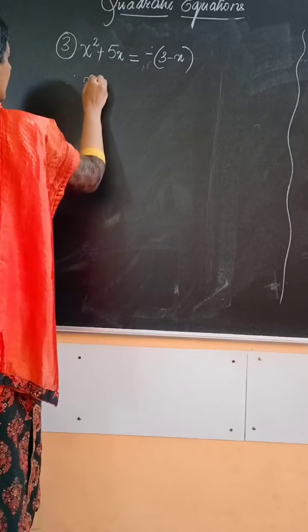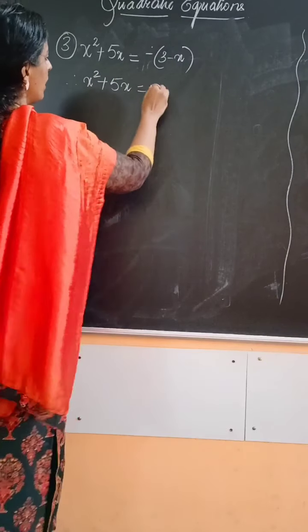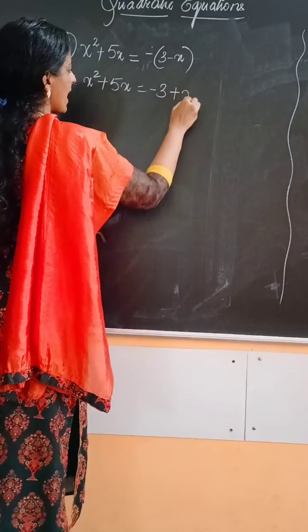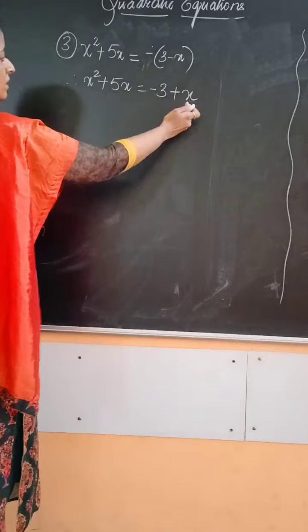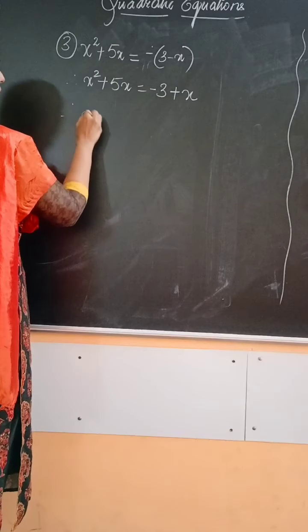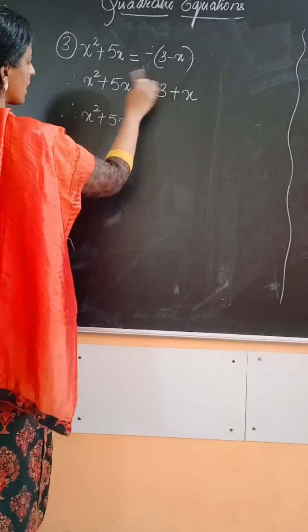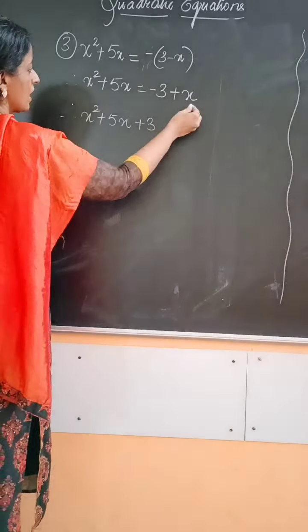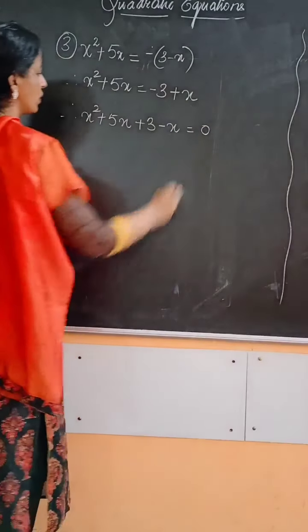This will be x square plus 5x is equal to minus 3 plus x. Minus and minus will become plus. Bring terms to the other side. Therefore, x square plus 5x, minus 3 comes here, plus 3, plus x comes to the other side, minus x equal to 0.